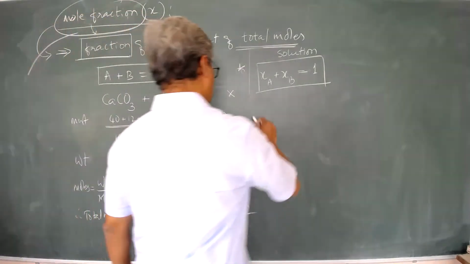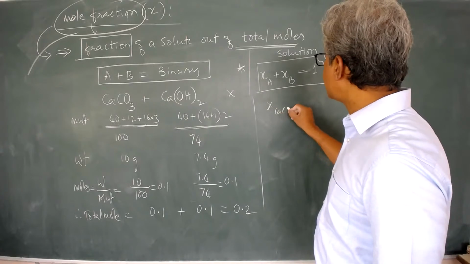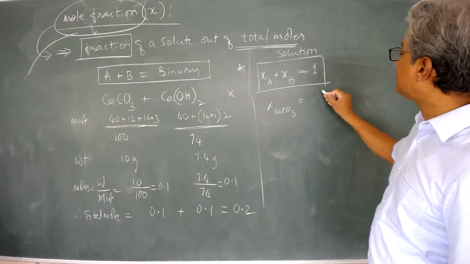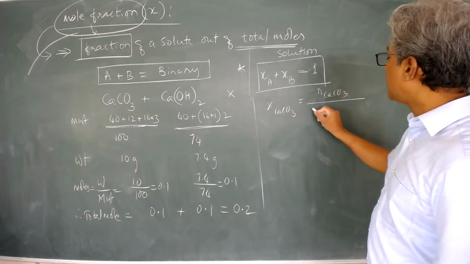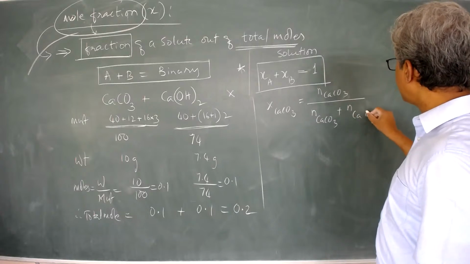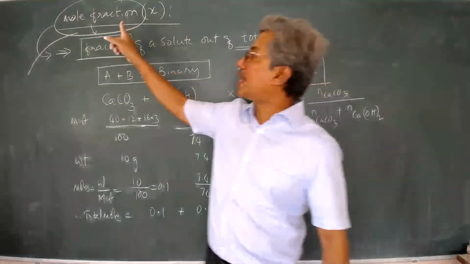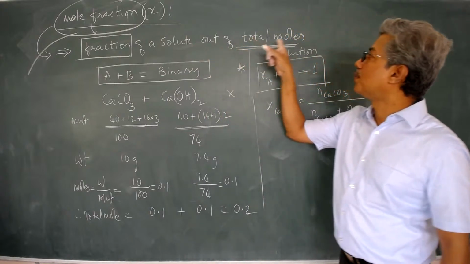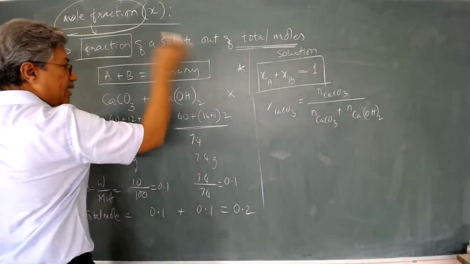Okay? Then the mole fraction of CaCO3 is the number of moles of CaCO3 divided by the number of moles of CaCO3 plus the number of moles of Ca(OH)2. Same thing I said: mole fraction is the fraction of solute out of the total moles of the solution. We can write it in this manner.